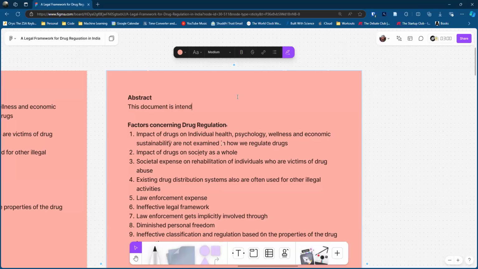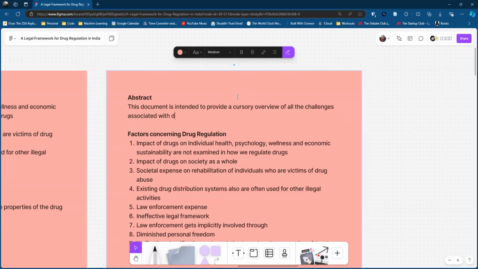This document is intended to provide a cursory overview of all the challenges associated with the existing legal framework for drug regulation in India.